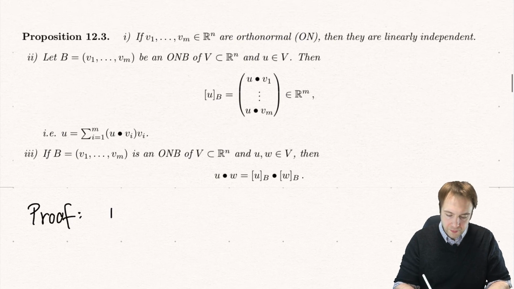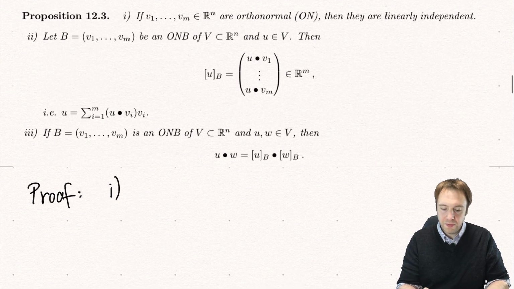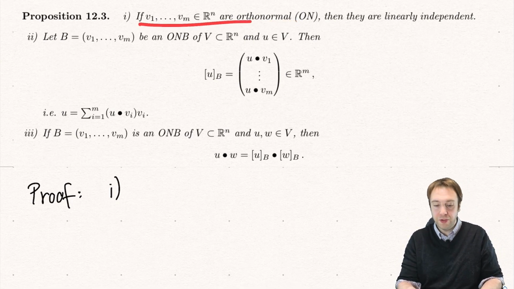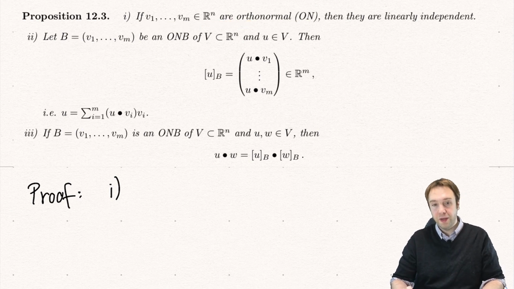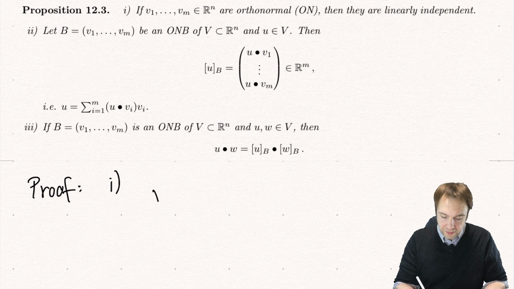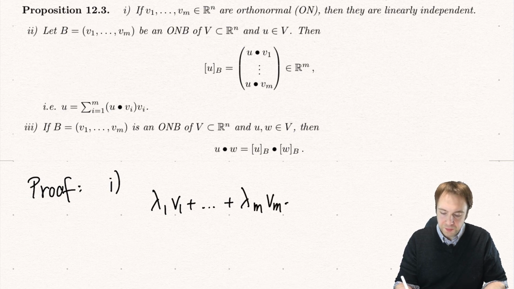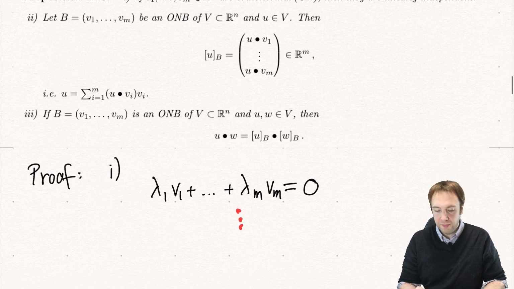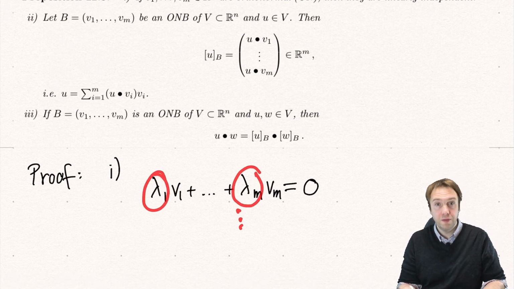Okay, so let's prove this nice proposition here. Number 1: we want to show that if we have vectors which are orthonormal, then they are automatically linearly independent. For linear independence, we consider a linear combination of these vectors which is 0, and we want to show that these lambdas are all 0.